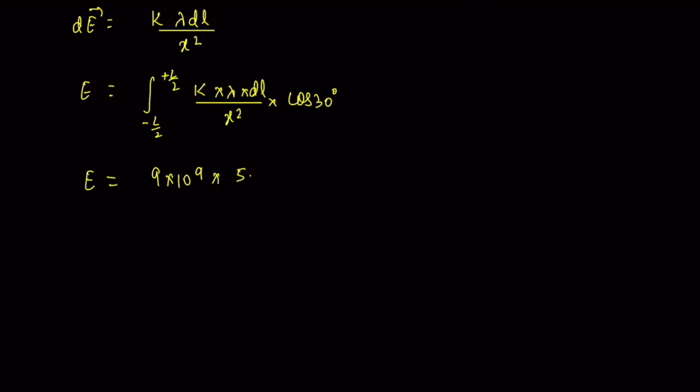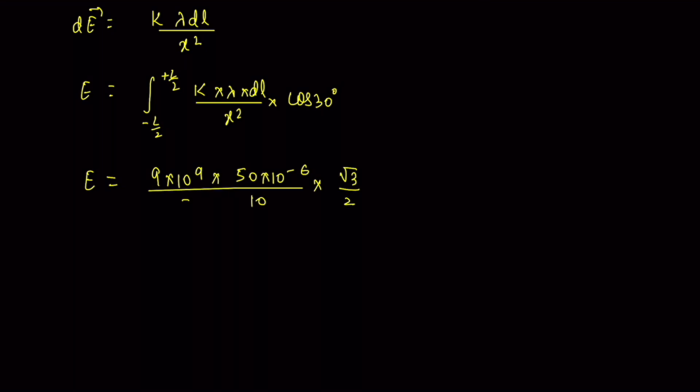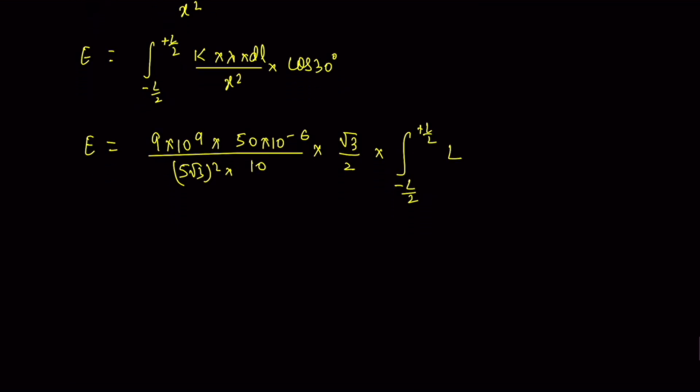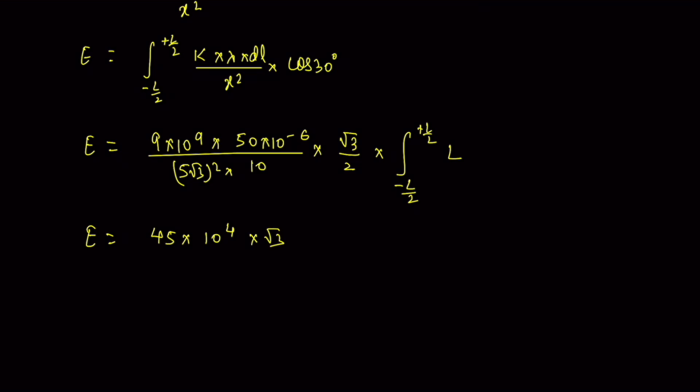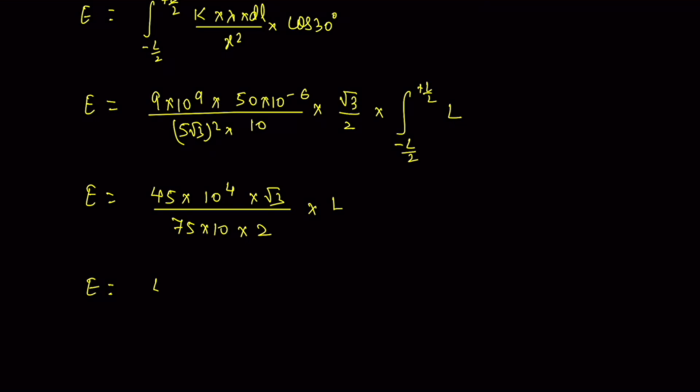So here charge is 50 into 10 to the power minus 6 and length is 10 centimeter, into cos 30 which is root 3 by 2, divided by x square, 5 root 3 whole square, into the integration from minus L by 2 to plus L by 2, and here it's L. So we can write E is equal to 45 into 10 to the power 4 into root 3 by 75 into 10 into 2 into L.